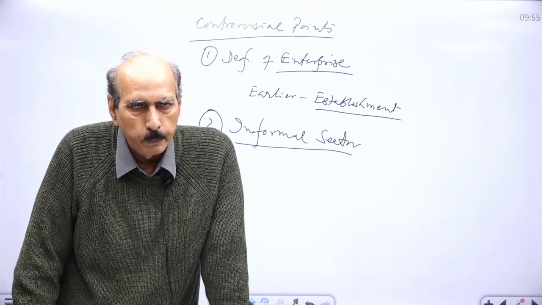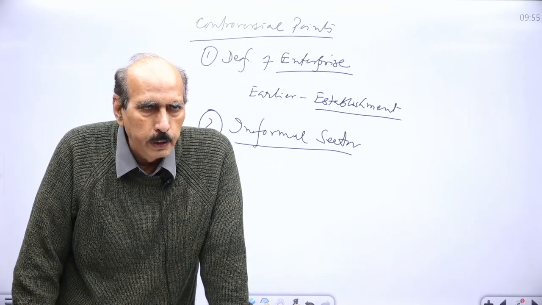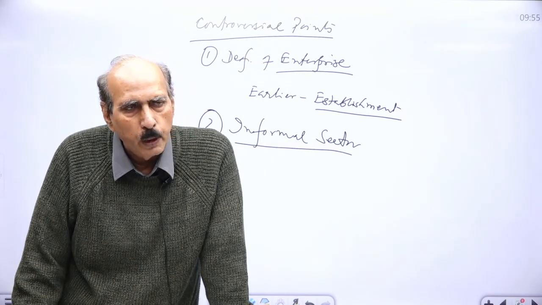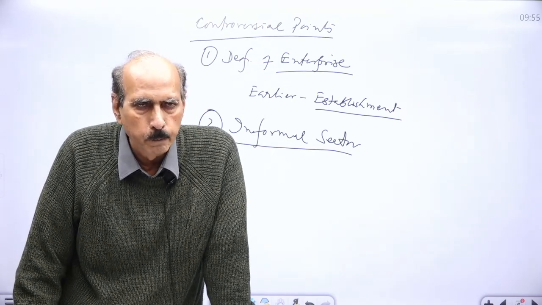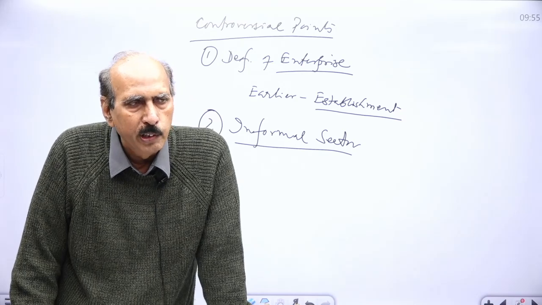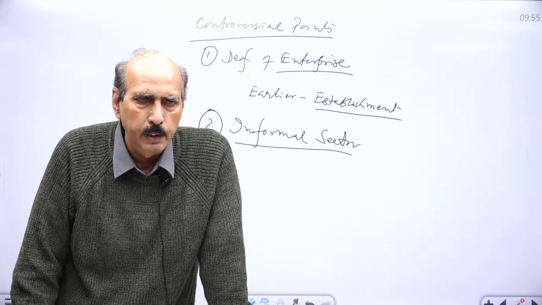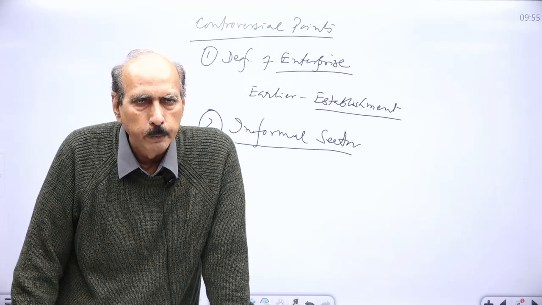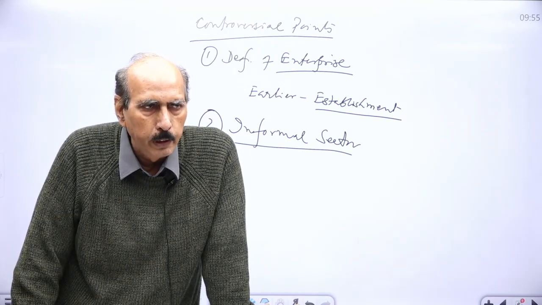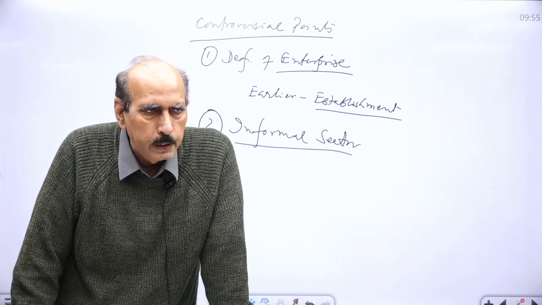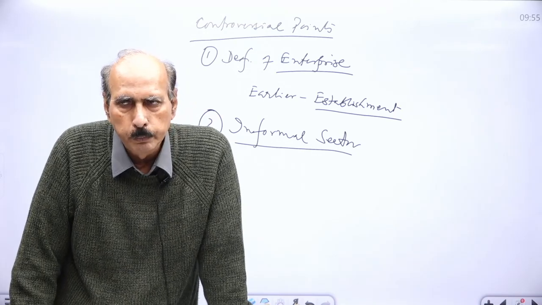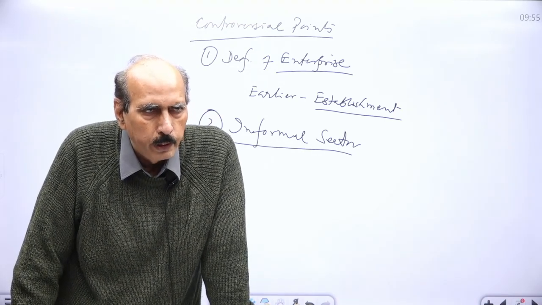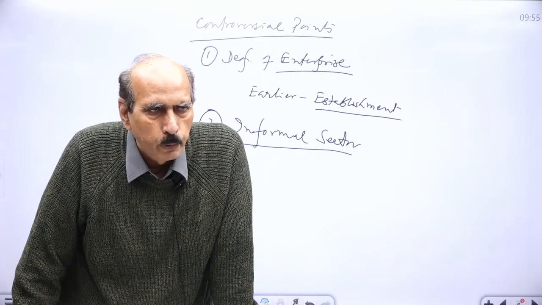Very difficult. What in the revised methodology we assume जिस रेट पे ऑर्गेनाइज सेक्टर राइज कर रहा है, we assume at the same rate informal sector is also rising or producing. The manufacturing organized is increasing at the rate of 8% per annum. We assume that informal sector of manufacturing is also increasing at the rate of 8%.